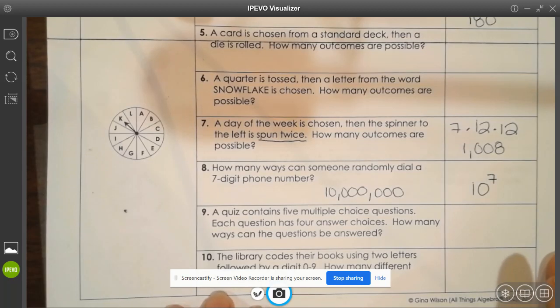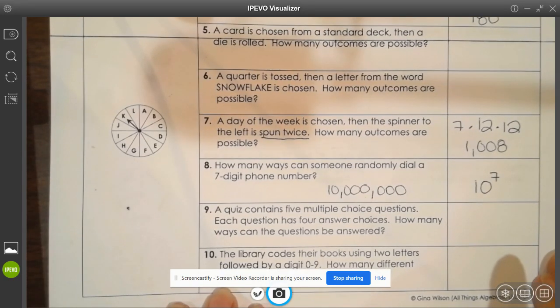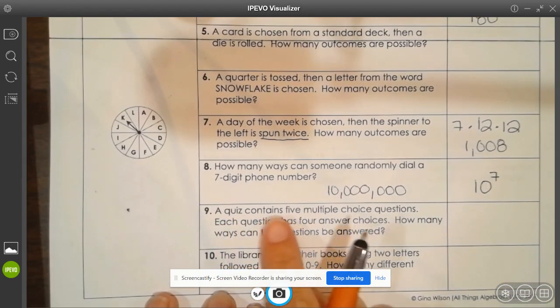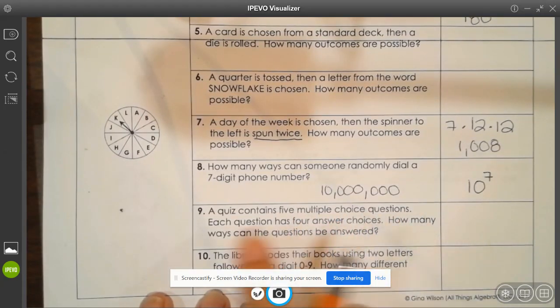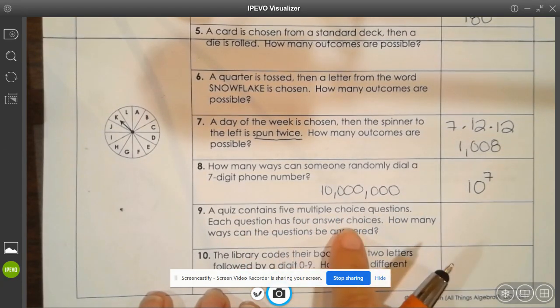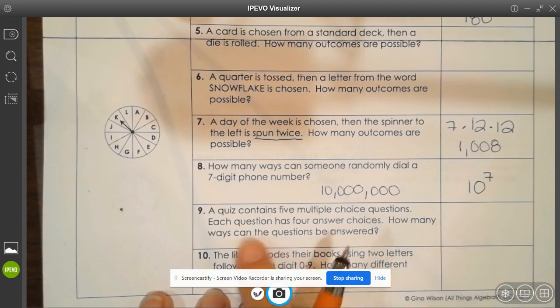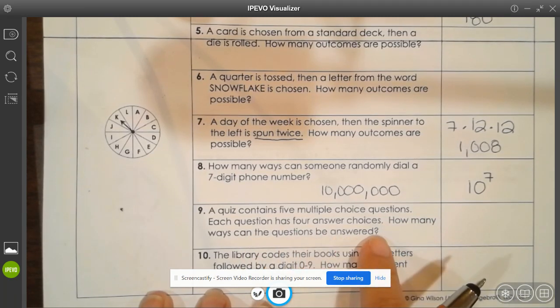Okay. All right. Let's see. This one is pretty popular too. A quiz contains 5 multiple choice questions. Each question has 4 answer choices. How many ways can the questions be answered?